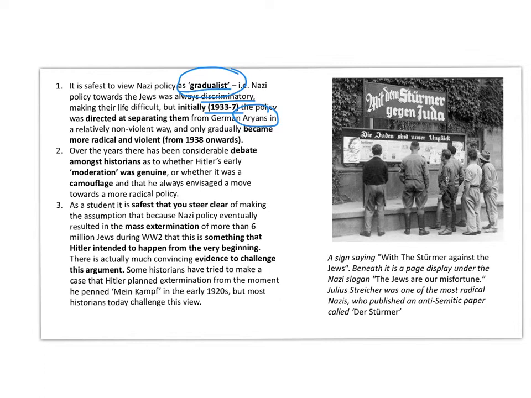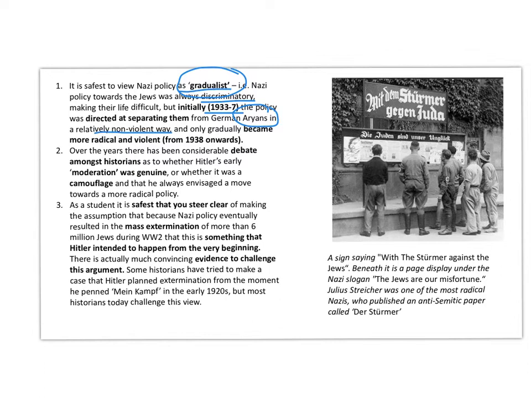But those laws and those measures in a relatively non-violent way, okay, that in the early years, for reasons which we'll look at, Hitler seemed to be very, very keen to minimise the violence against Jews.